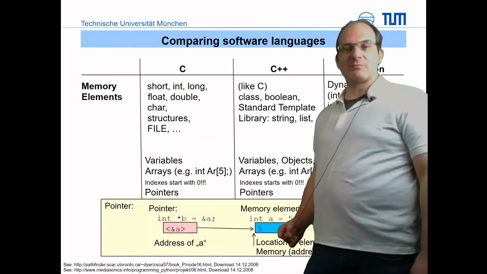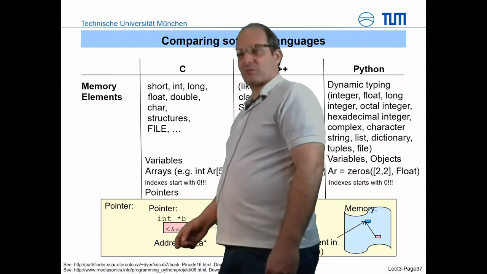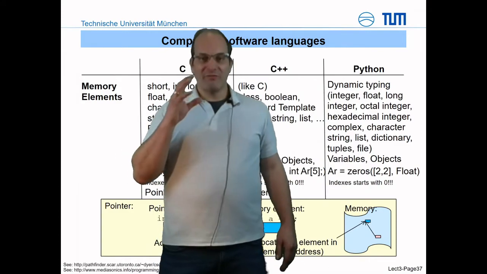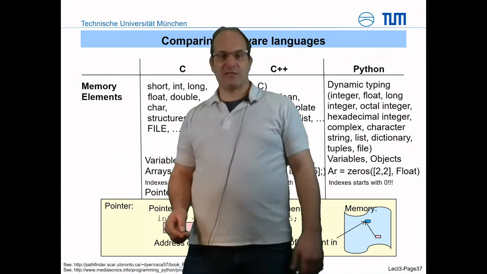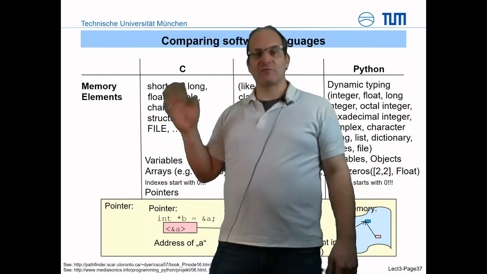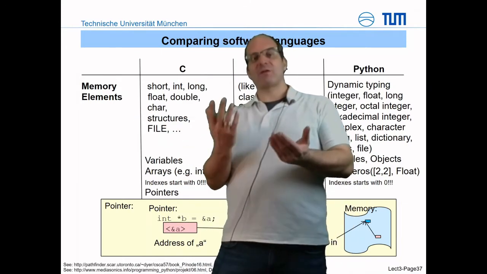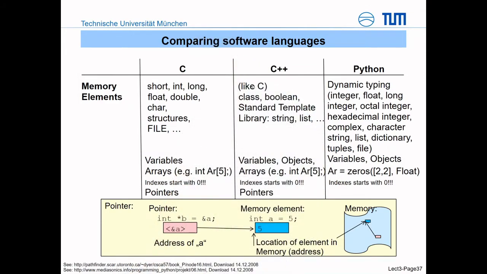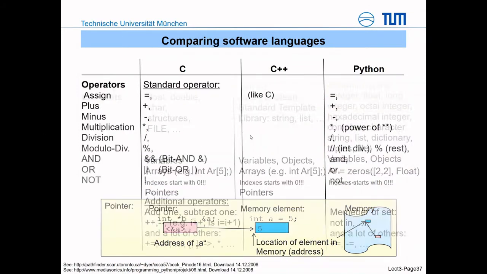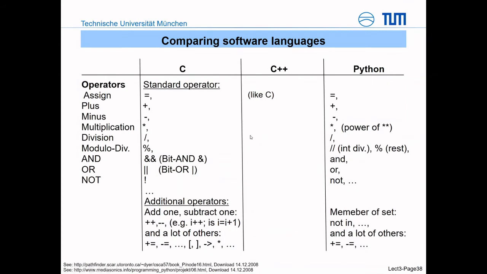Usually you have it in the heap, because then you can do a rearrangement. So you have the real value, and you have the address where the value is located. And this is very essential for C and C++, because this memory allocation, memory management is very essential for these languages. The rest is, again, very similar.